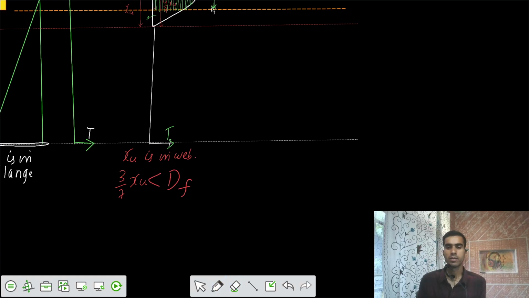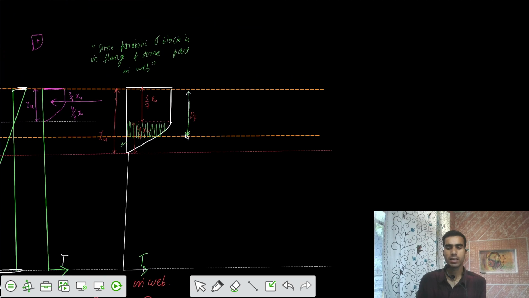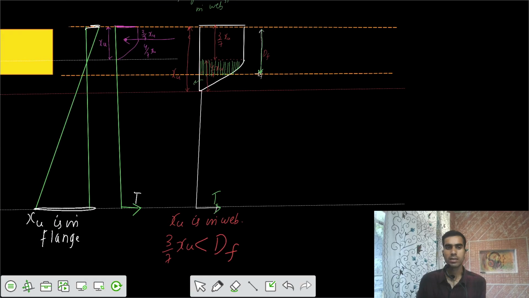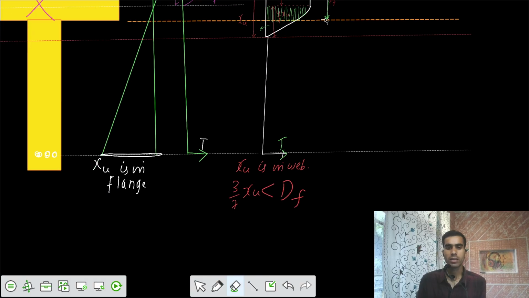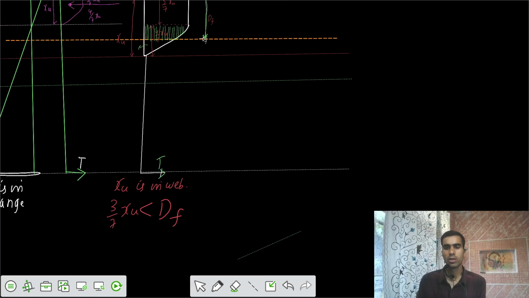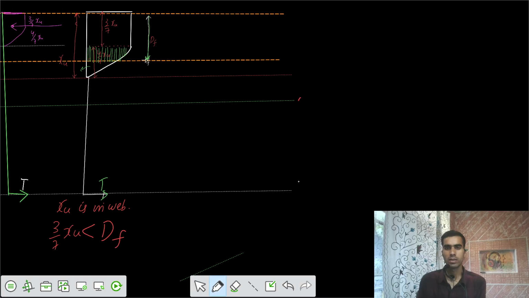This is the second case. And the third case possibility is that we can have, let's say, the neutral axis somewhere here. Third case, let's take the neutral axis somewhere here. Let's say this is the neutral axis for the third case.